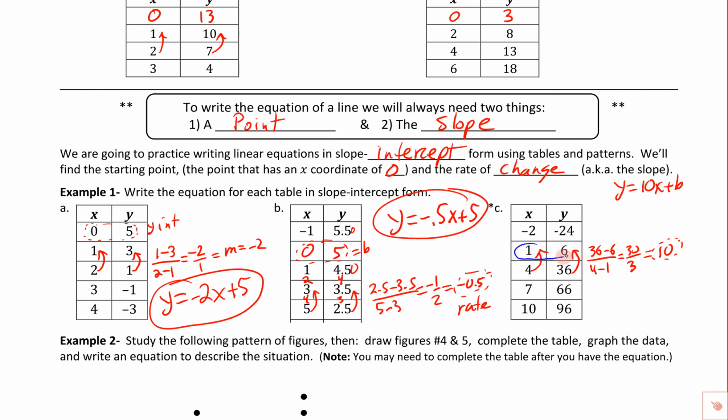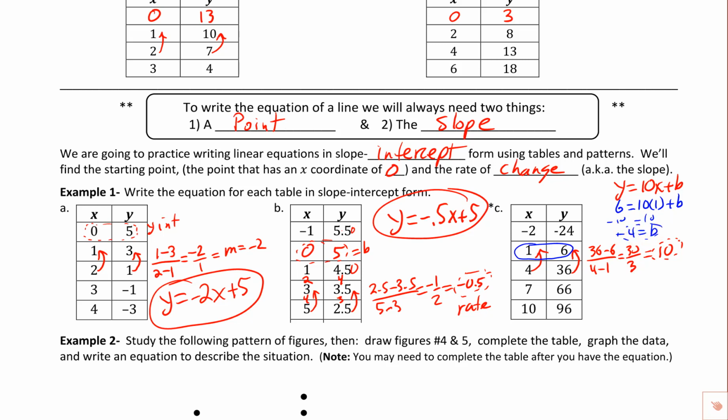I'm going to plug in this point right here. So I'm going to put a 6 right here, a 1 right here, and then plus b. This is a 10, so I'm going to subtract 10 from both sides, so I get a -4 over here, and I get a b right there.